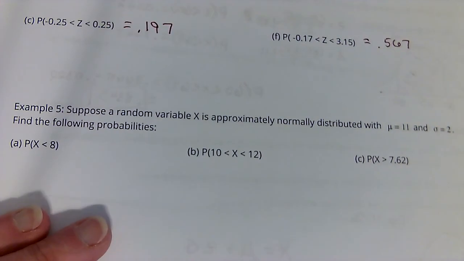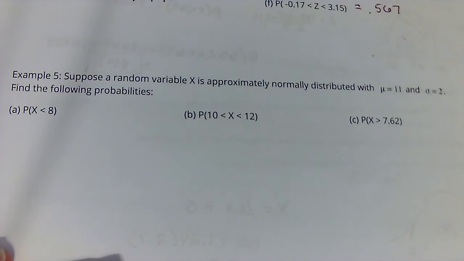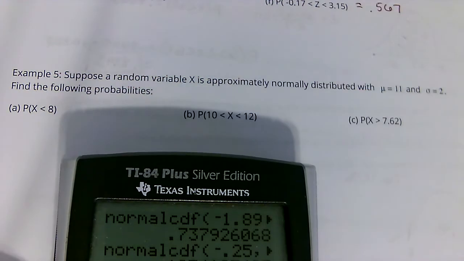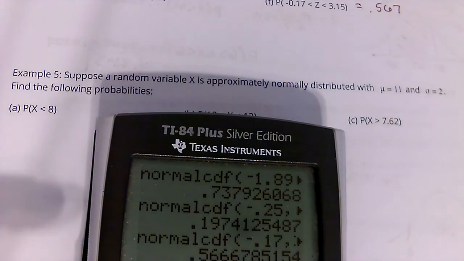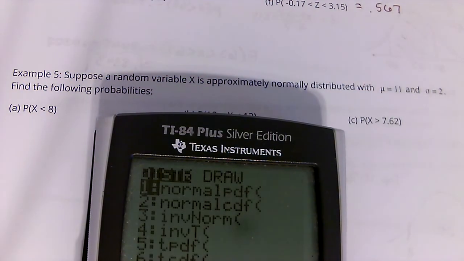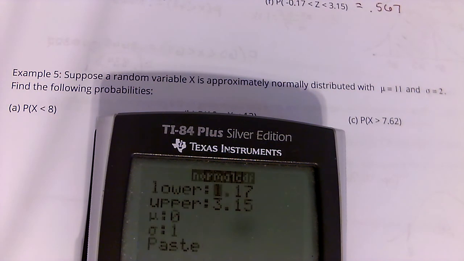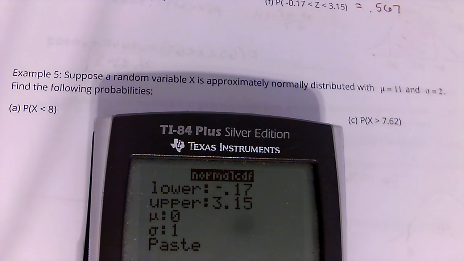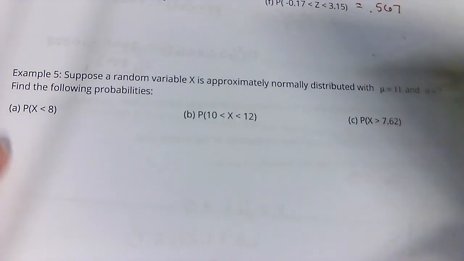Now, what about when we have a different mean or standard deviation? Guess what? We don't have to leave it as a mean of 0 and a standard deviation of 1. I can change this mean and standard deviation. So you don't always have to change the z-score.